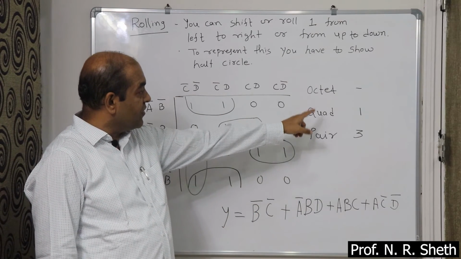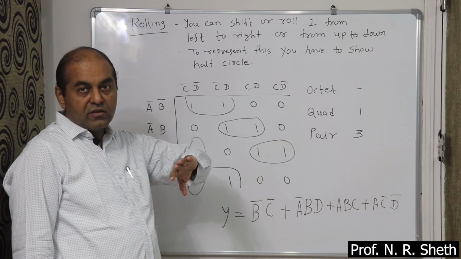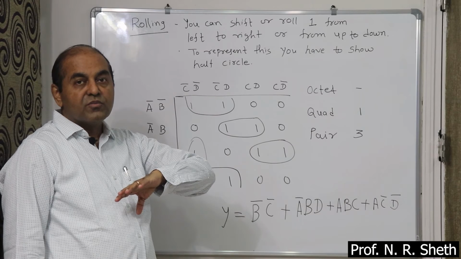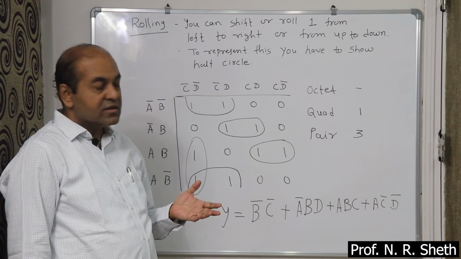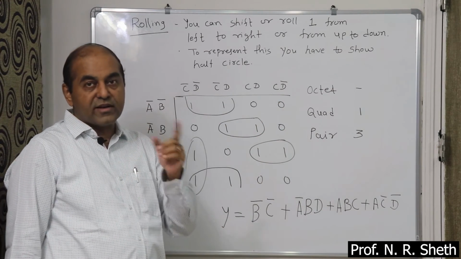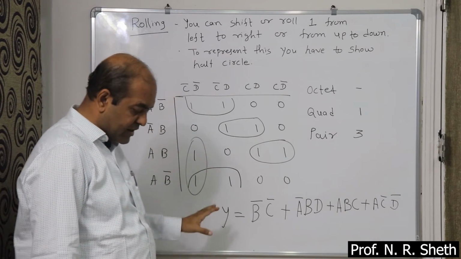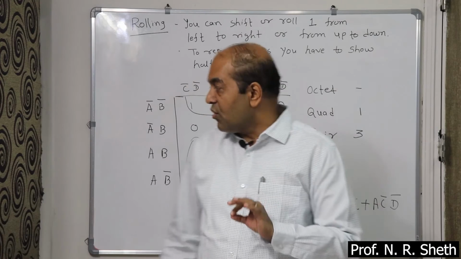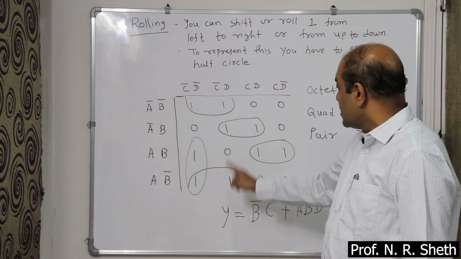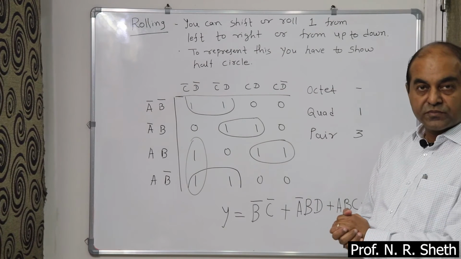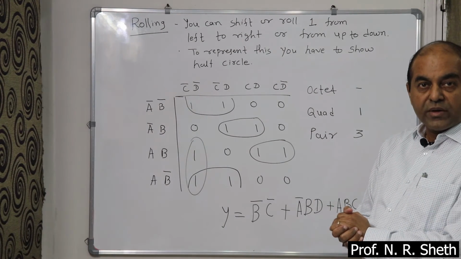In place of 1 quad 3 pair, if by using proper properties 2 quad and 2 pair exist, then that is more appropriate. But in this example, we have only 1 quad and 3 pair. Okay.